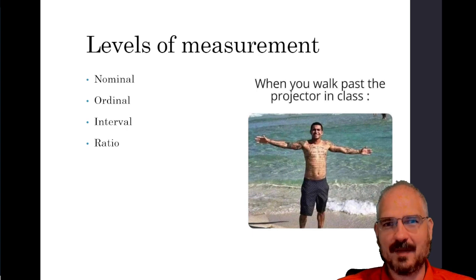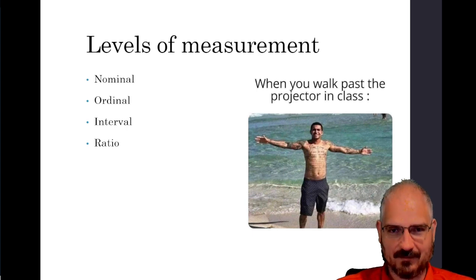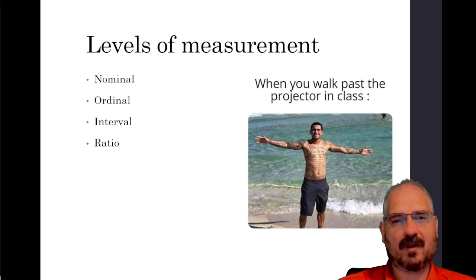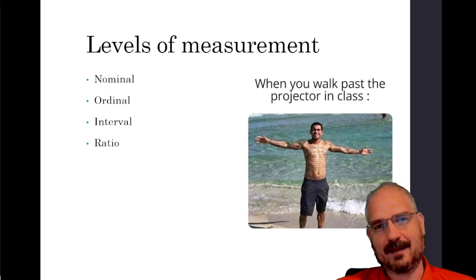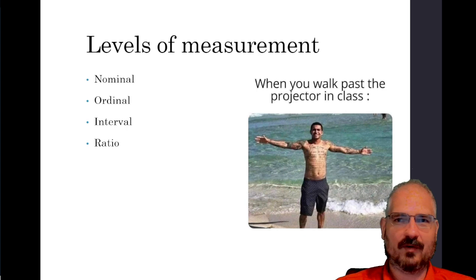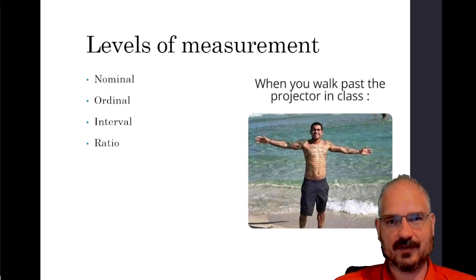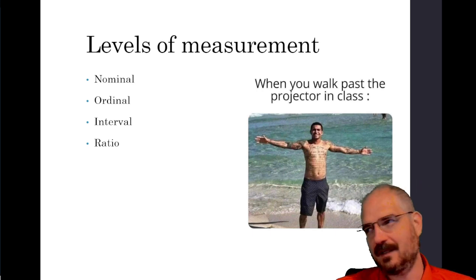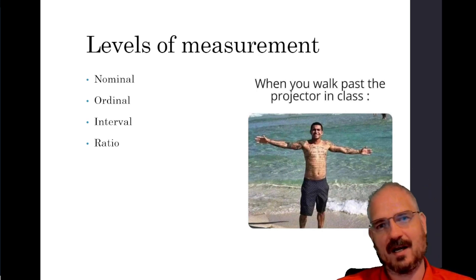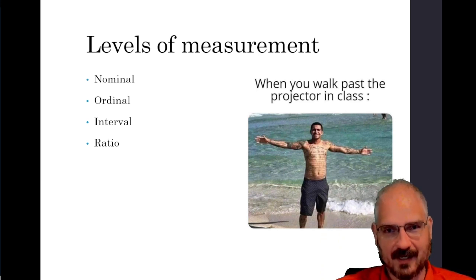Now, the nominal level of measurement means that you can count things, but you can't rank things, right? So, in other words, like the number of people with any given hair color in a certain class. There might be 10 people with black hair, 10 people with brown hair, 5 people with blonde hair, and 3 people with red hair. Just picking numbers out of thin air.